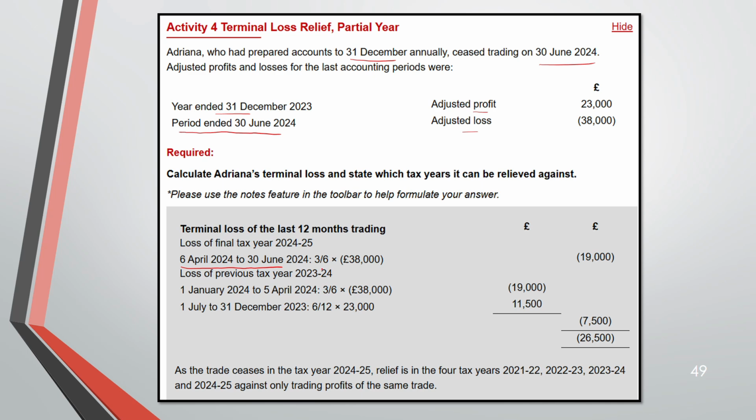Okay, if you take April, May and June, 3 months, but it has been for 6. Overall it is 6 months, the total for that year, but 3 months from April to June of 38,000 loss, and you get the loss. Then you go back. This is 6 months.